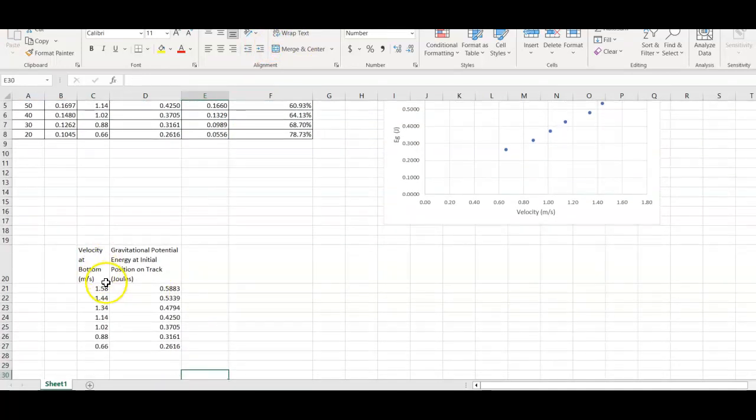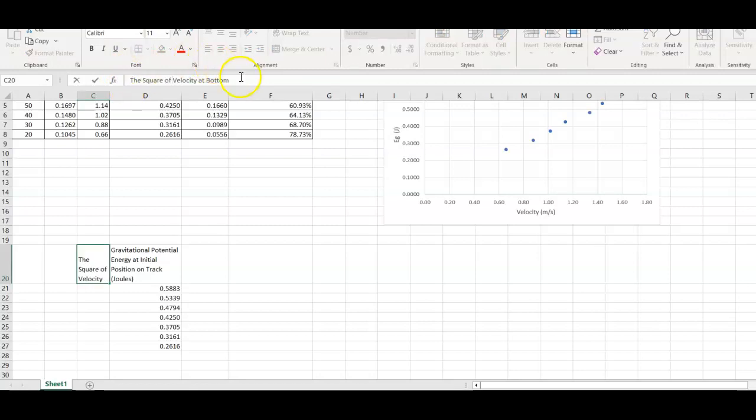Now, gravitational potential energy is not proportional to velocity. So I'm going to delete these velocities, and I'm going to change this header. Instead of saying velocity at the bottom, I'm going to say the square of the velocity at the bottom, and the units would be meter squared per second squared.